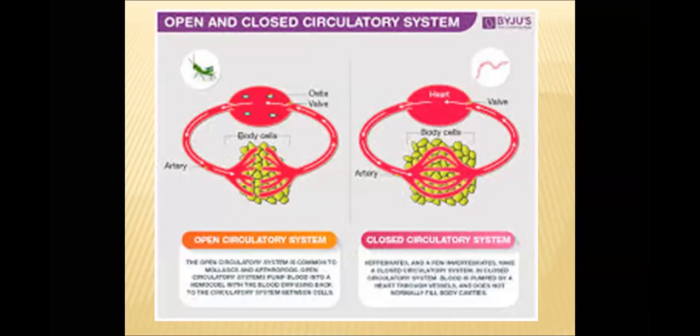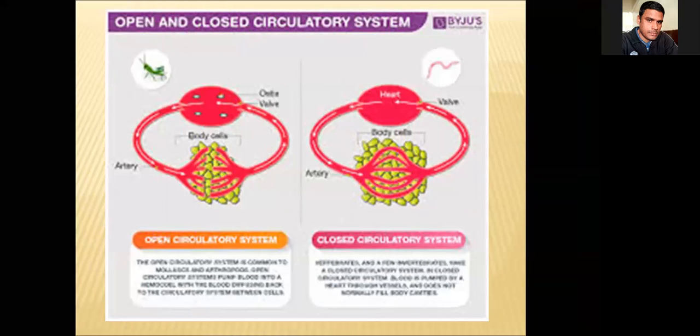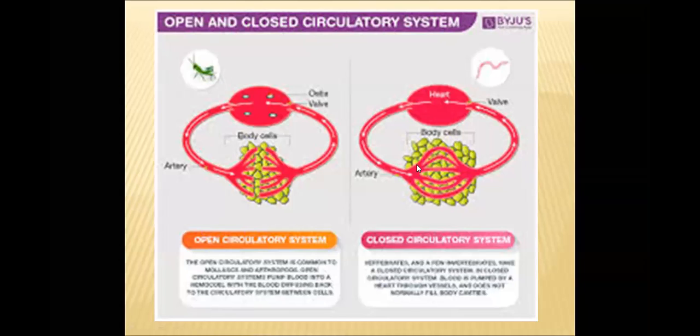Depending on the place where they are, the liquid will be called tissue fluid if it is outside the cells in the tissues, and lymph fluid if it is present in the lymphatic system. So if the tissue fluid is excess in quantity, all the excess tissue fluid will be sent into the lymphatic system.